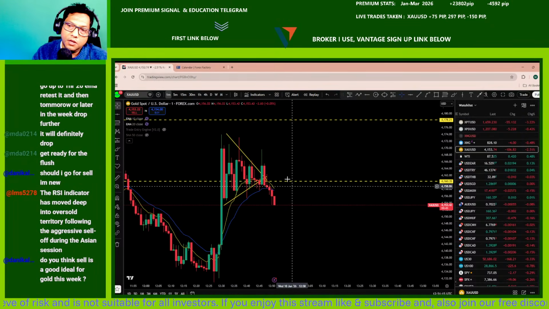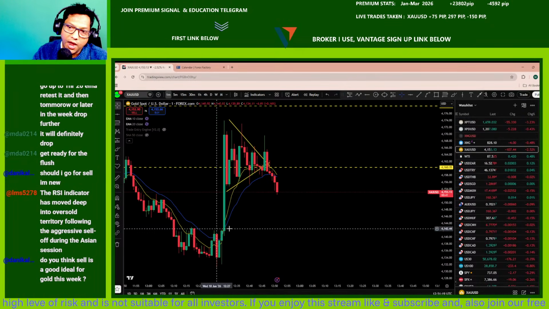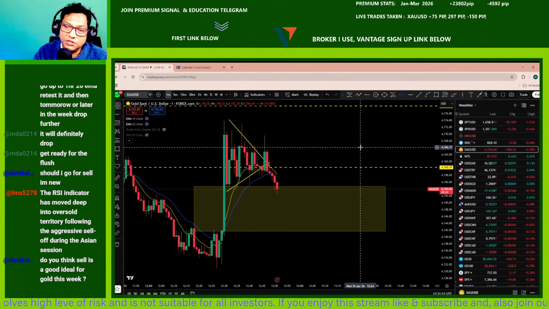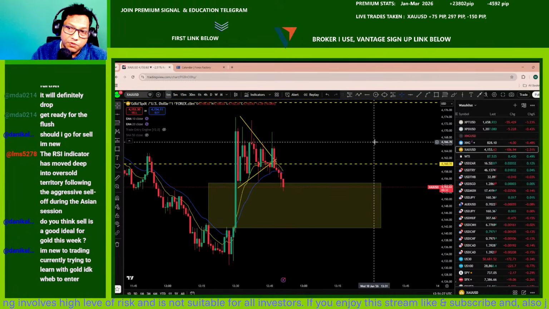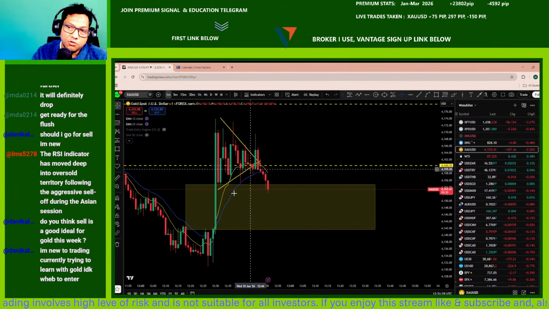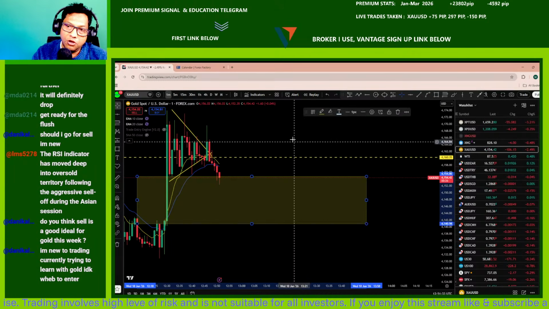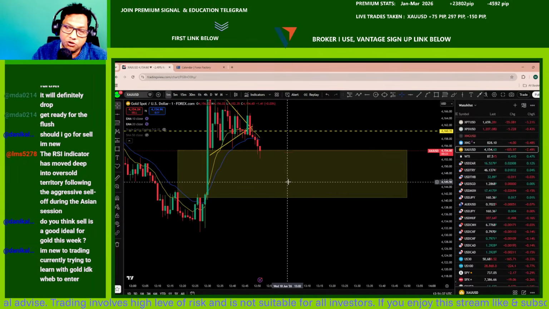Now it's trying to break below here. Okay, so this is on a fair value gap. If you look, this is a fair value gap. I'm still not selling nor buying because I'm not fully convinced that it's going to go fully up, nor fully convinced that it's going to drop here.